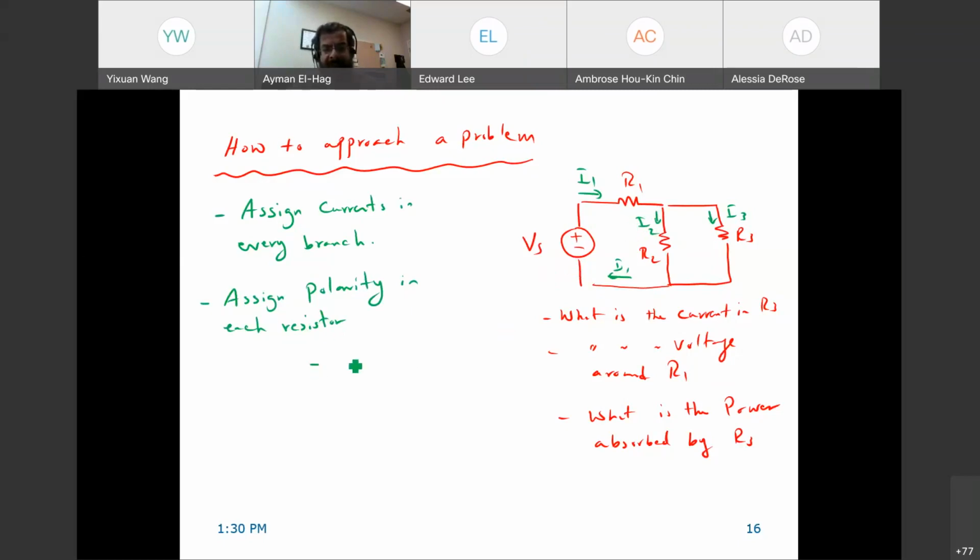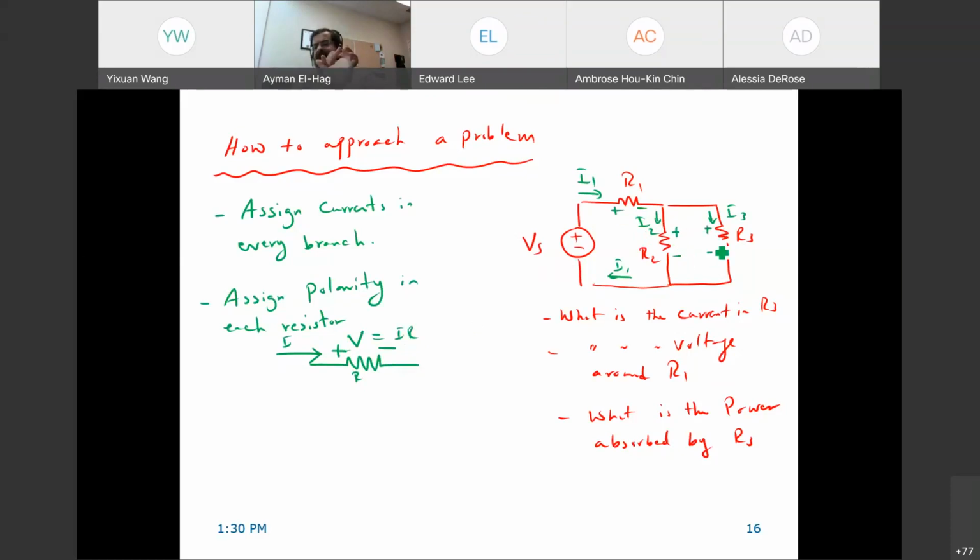If this is my resistance, and you assume the current coming this way, this is how you assign the polarity, plus, minus. This is your V. And this V using Ohm's law is equal to I times R. So it comes here, so this becomes plus, minus, here plus, minus, here plus, minus.